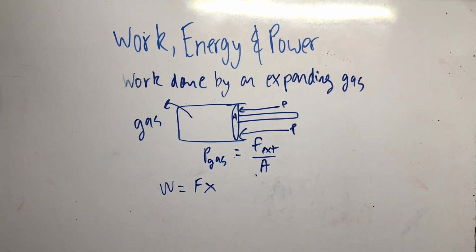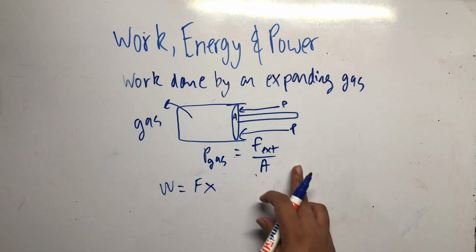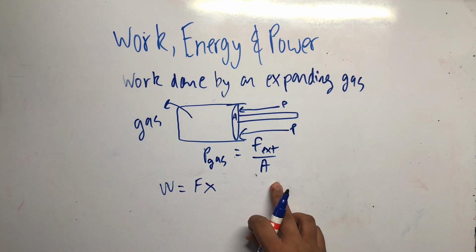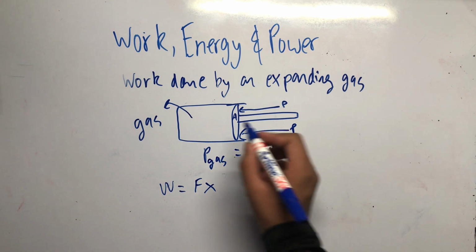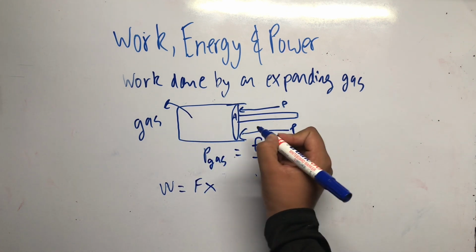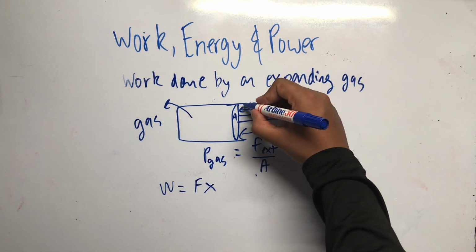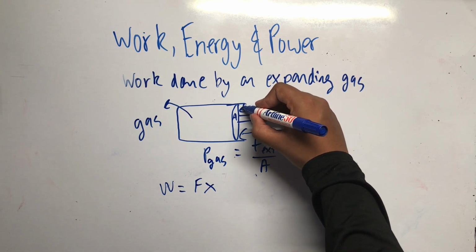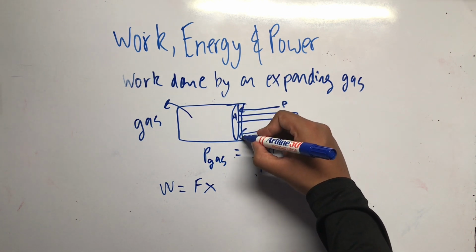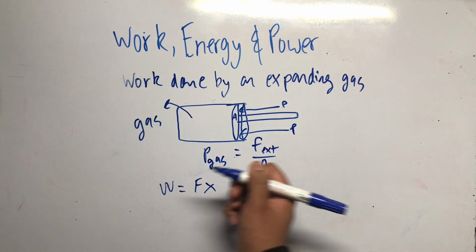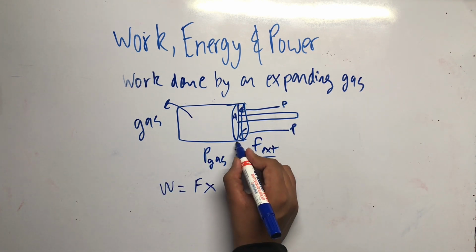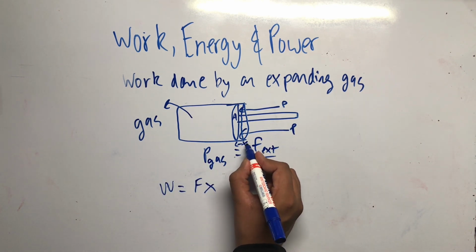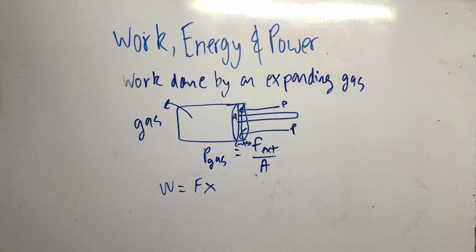So we just saw that force exerted is equal to pressure times area. So let's say that if this is the gas and this is the pressure, then there will be certain work which the gas does to push the piston slightly towards the right, and this displacement is x.